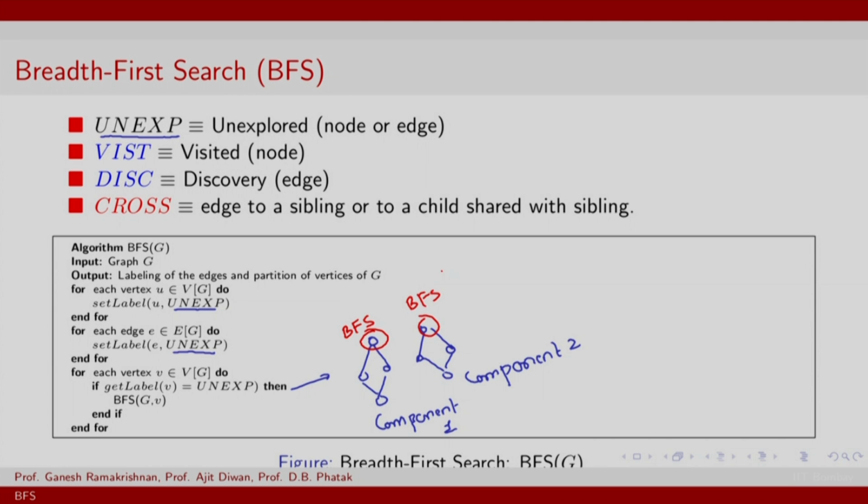Now what does the call to BFS itself do? Well, it marks the nodes within this graph and the other edges within this graph as visited or discovered edges.